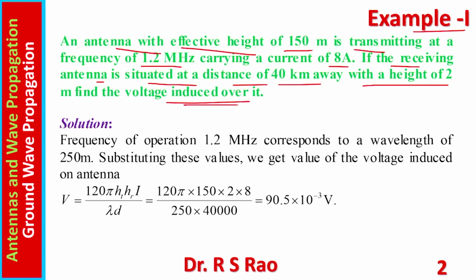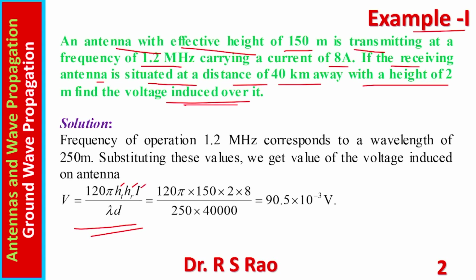Voltage induced over a receiving antenna is given by the formula V is equal to 120 pi HT HR I over lambda D. HT and HR in this formula refer to effective heights of transmitting antenna and receiving antenna.